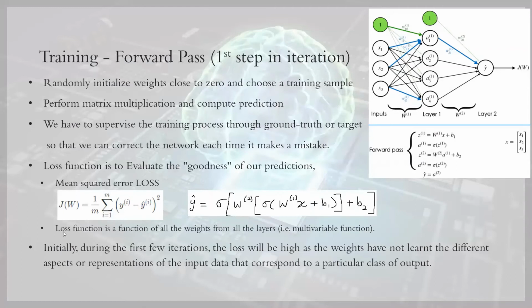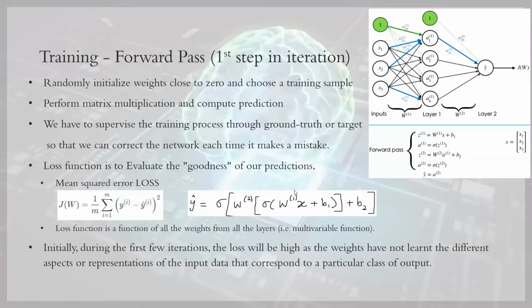Okay, so the loss function is a function of all the weights from all the layers, layer 1, layer 2, all. So then it becomes a multivariable function, because there are many W's, which are distinct W values.